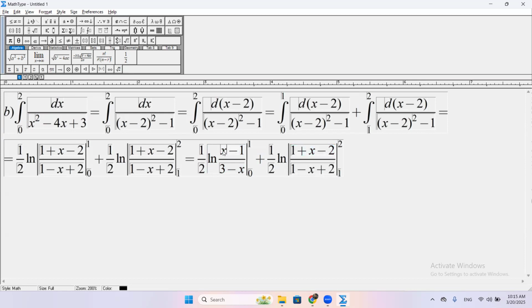And here, x minus 1, so 3 minus x. So if I substitute here, 1 minus x. And here 3 minus x. So what do I have here? So x minus 1 and 3 minus x. Nothing changes here.